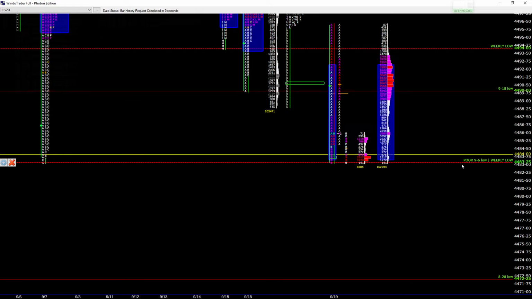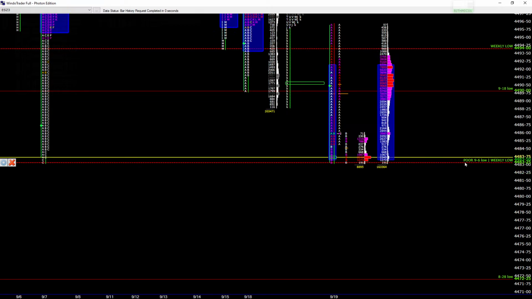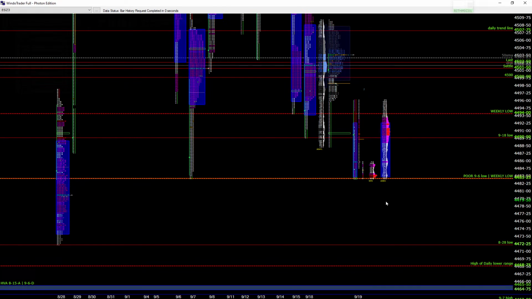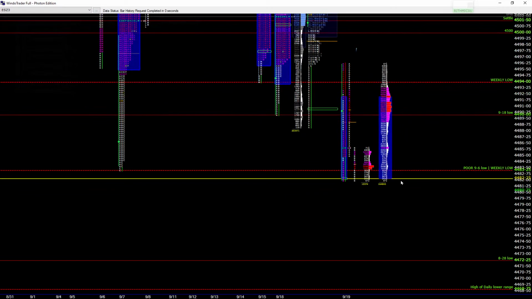This poor daily and weekly low is now even weaker. Very questionable low here. The market is going to take this low out. Okay, that low has been taken.